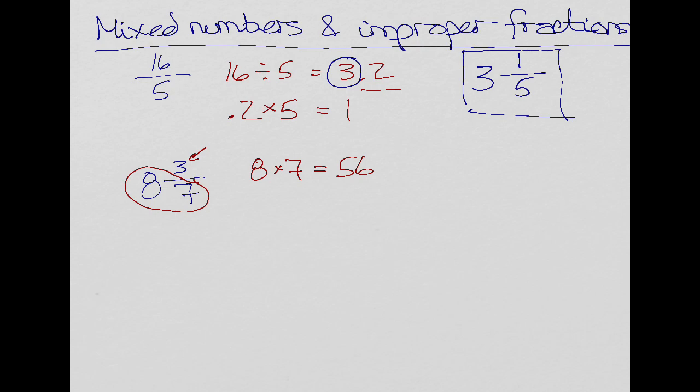So I'm going to take that 56/7 and add the extra 3/7 is 59. And I'm going to write that number that I just got over the original denominator. 59 over 7. So the mixed number, 8 and 3/7, is the same as the improper fraction, 59/7.